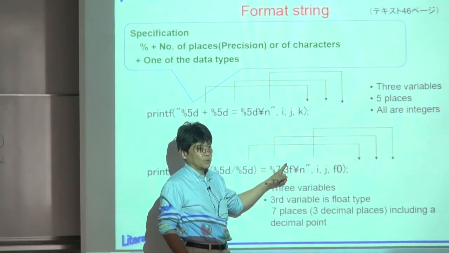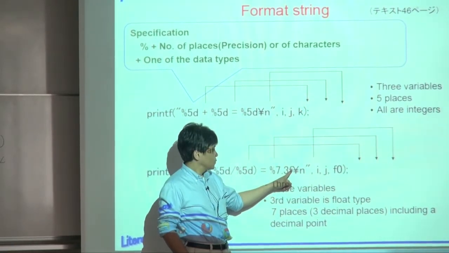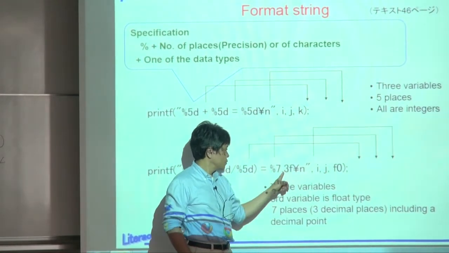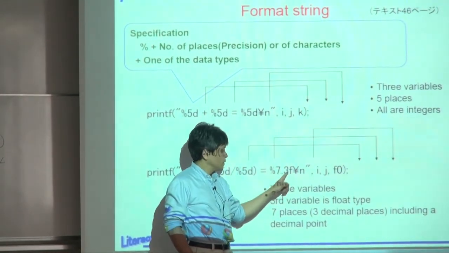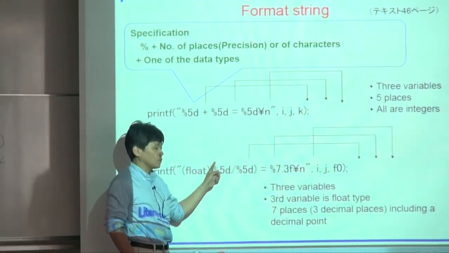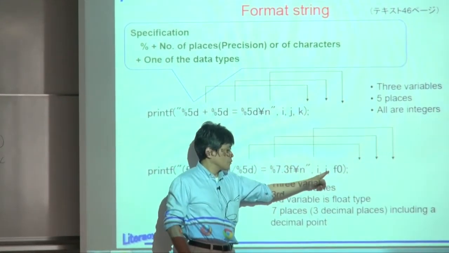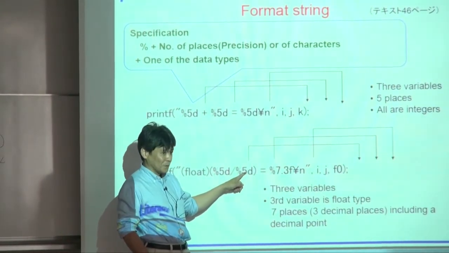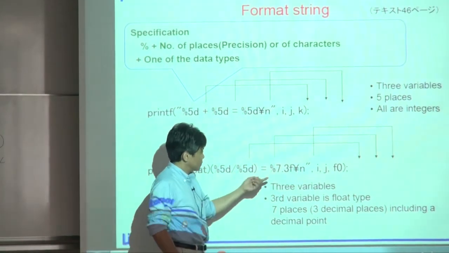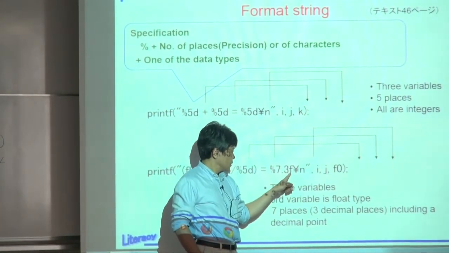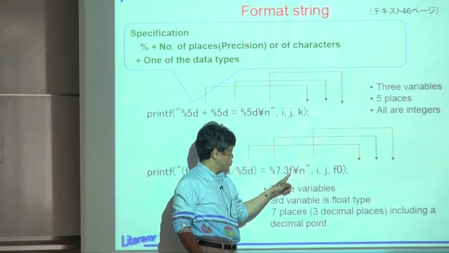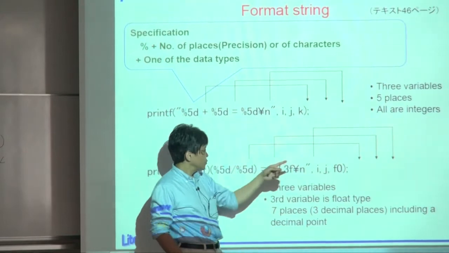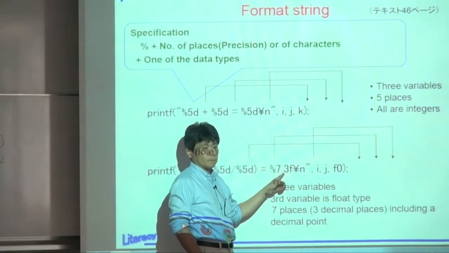F means floating point number. So this variable corresponds to this code, this variable corresponds to this code, and also this corresponds to this part. For floating point numbers, you have to specify the location of the point.